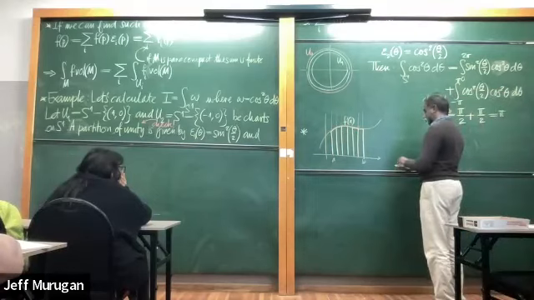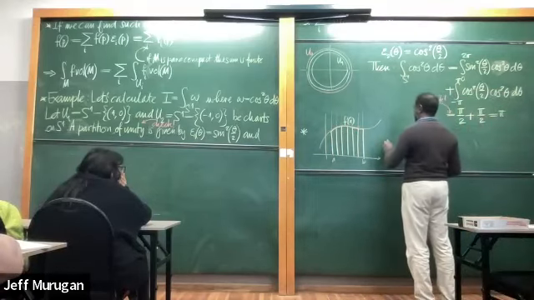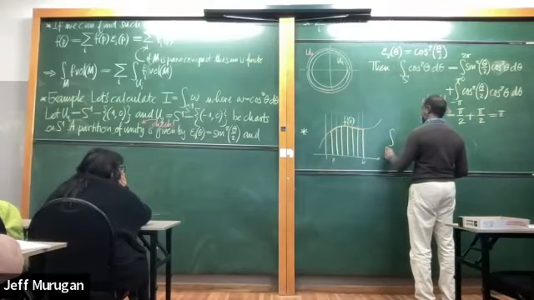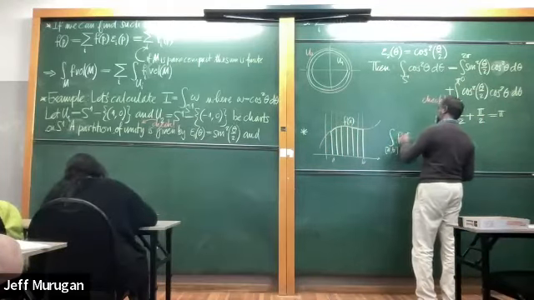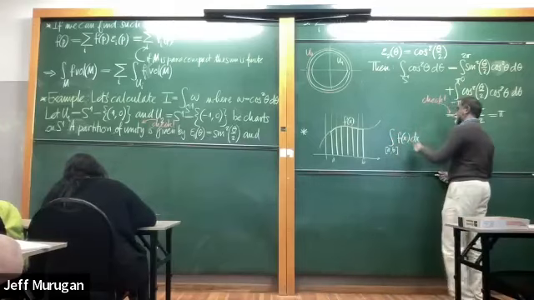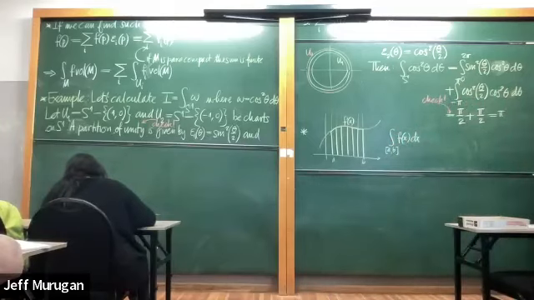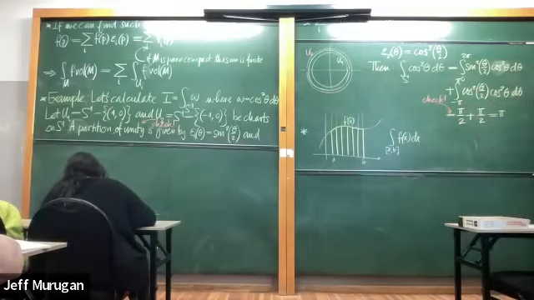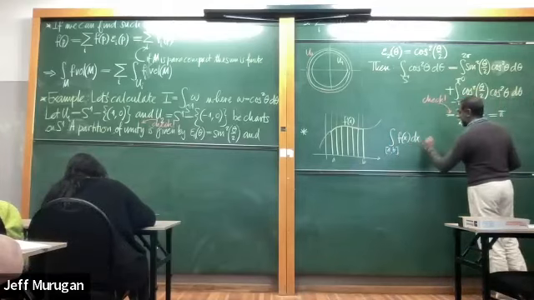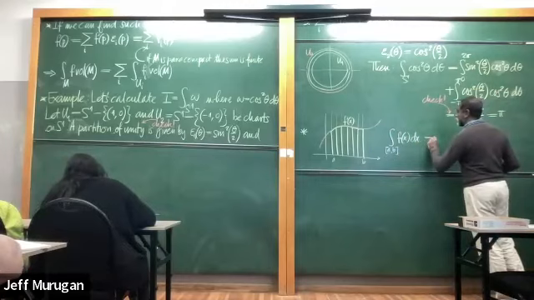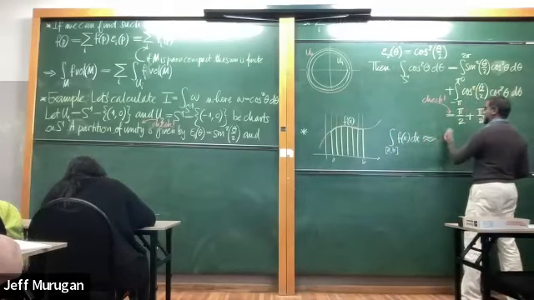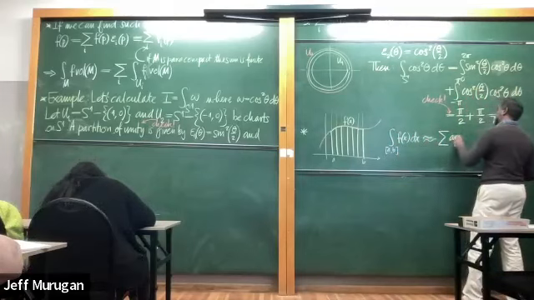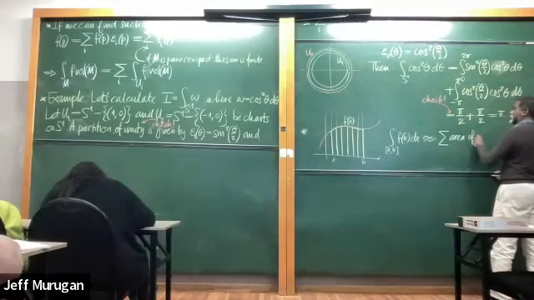So the upshot was that the integral from a to b of the function f of x dx, or as we now say, the integral of a one-form over this one-chain, was approximately the sum of the areas of polygons.